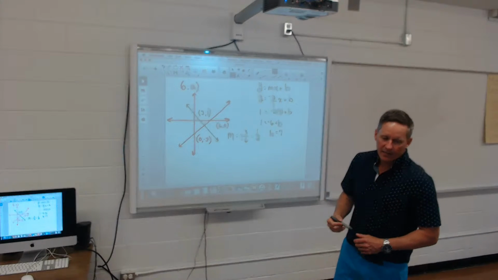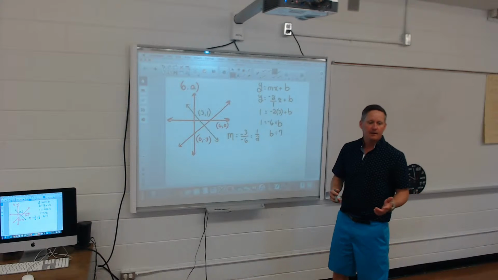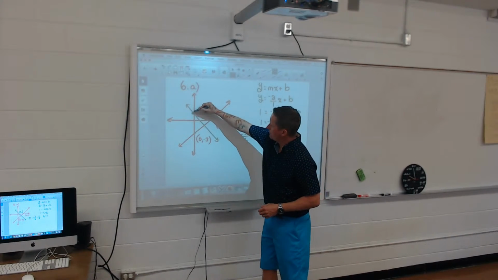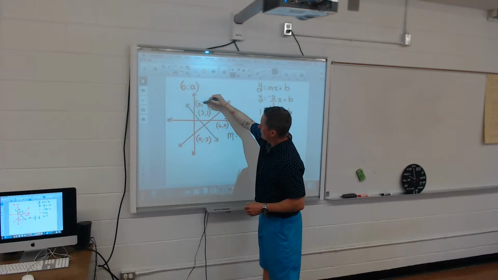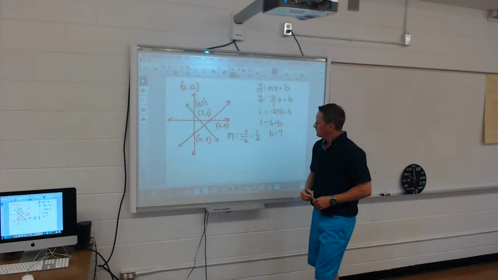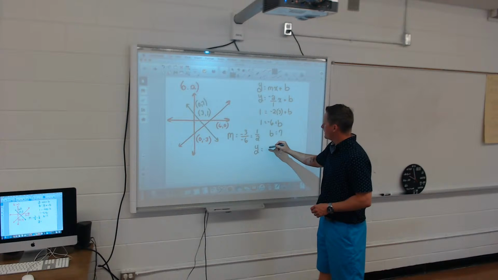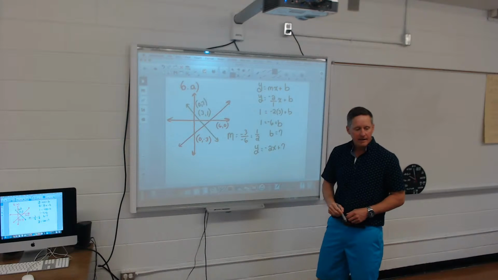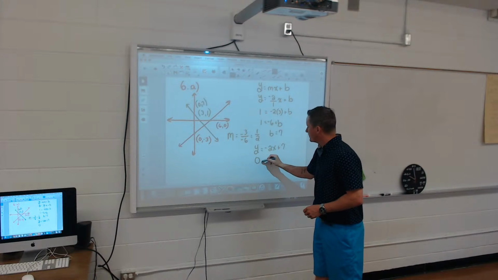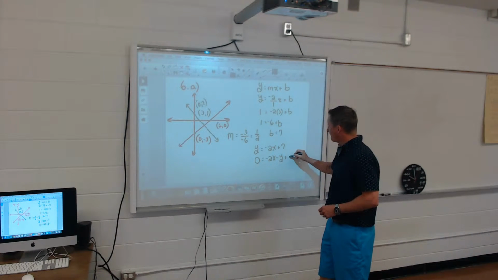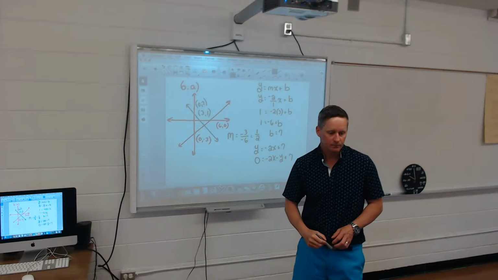If I drew it on the graph with proper grid paper, I would see that this line goes through (0, 7). So the equation of the line perpendicular to it is y = -2x + 7. And to put it into general form, 0 = 2x + y - 7.